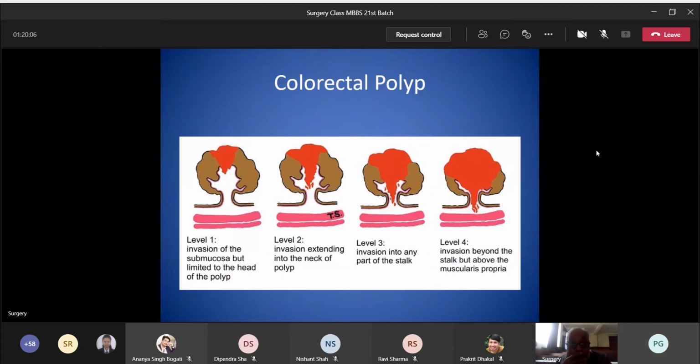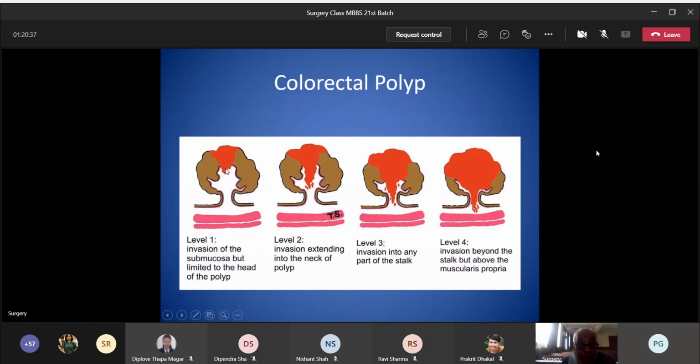Actually, this is very important to understand. In the beginning of polyp development, there is invasion of the submucosa limited to the head of the polyp only. As you can see, there's a polyp, the mucosa is there, and only the mucosal layer is involved.